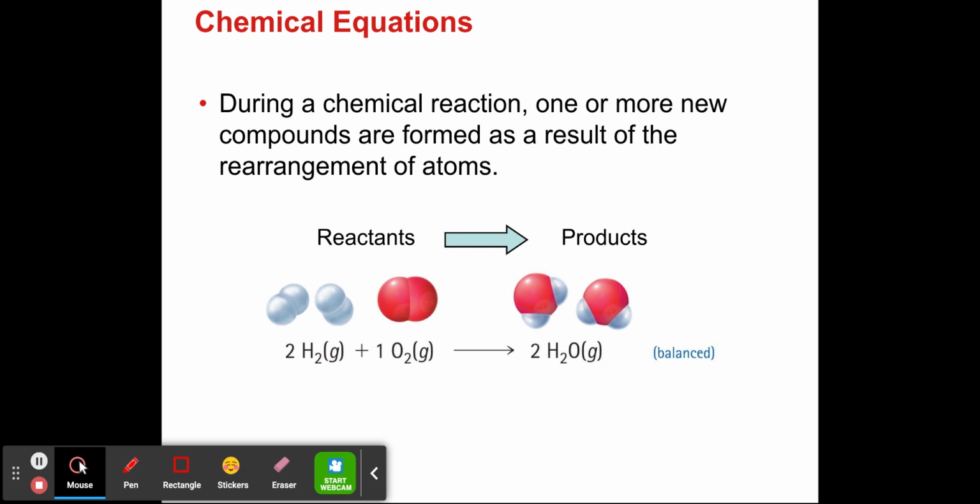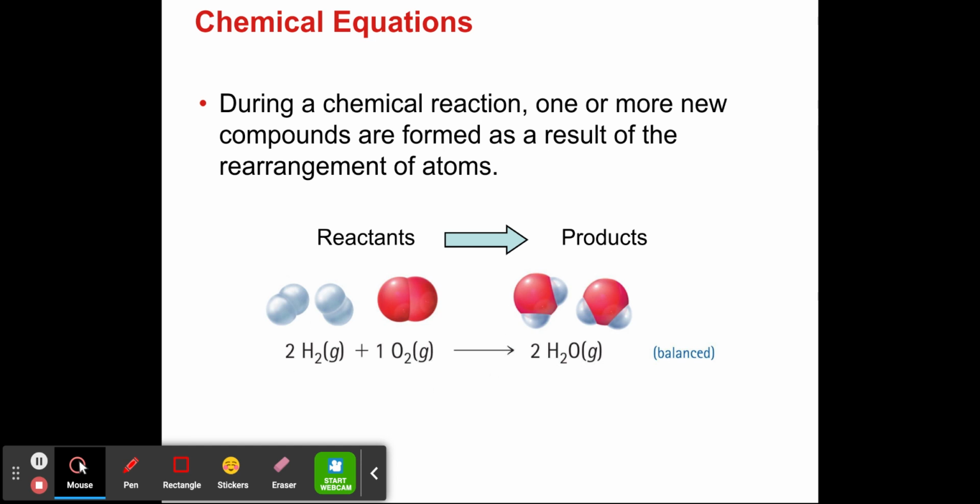And so during a chemical reaction, one or more new compounds are usually formed as a result of the fact that atoms rearrange. Okay, so if I take an example of a substance that we use every day, which is water. Water is formed when atoms of hydrogen combine with atoms of oxygen.